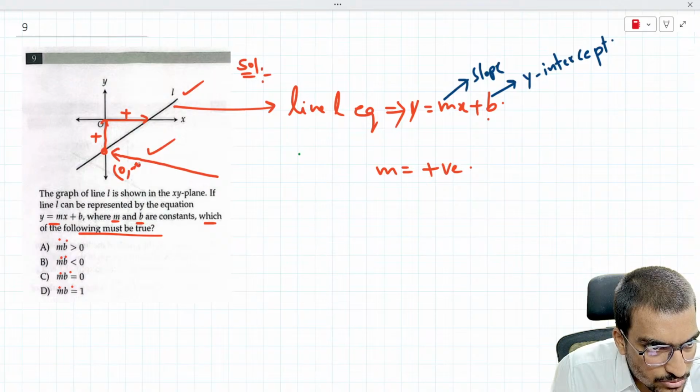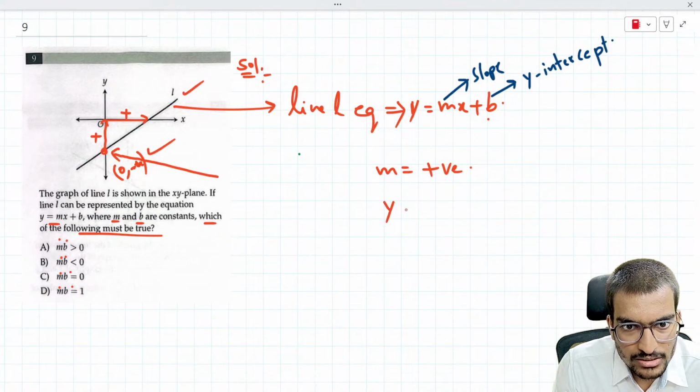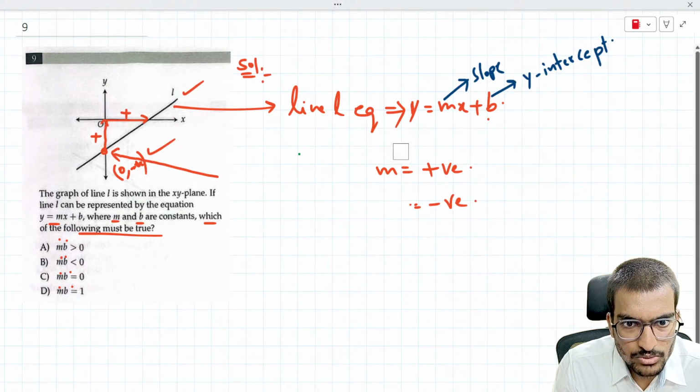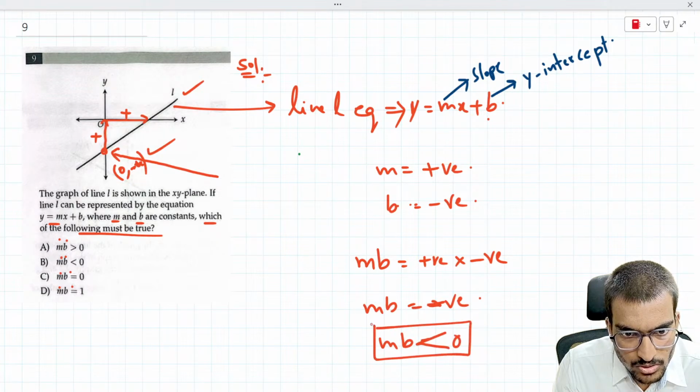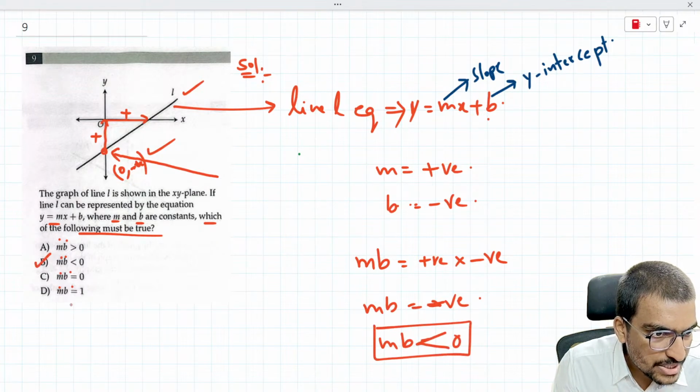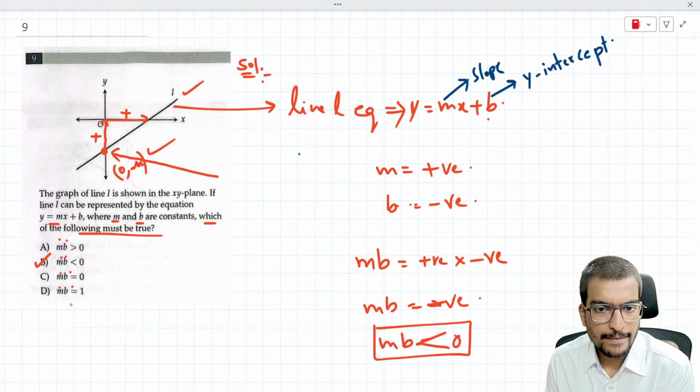So y-intercept, which is b, equals negative. So now mb equals positive times negative, you end up with mb negative. mb is negative means mb is less than 0, which is option B, not A.